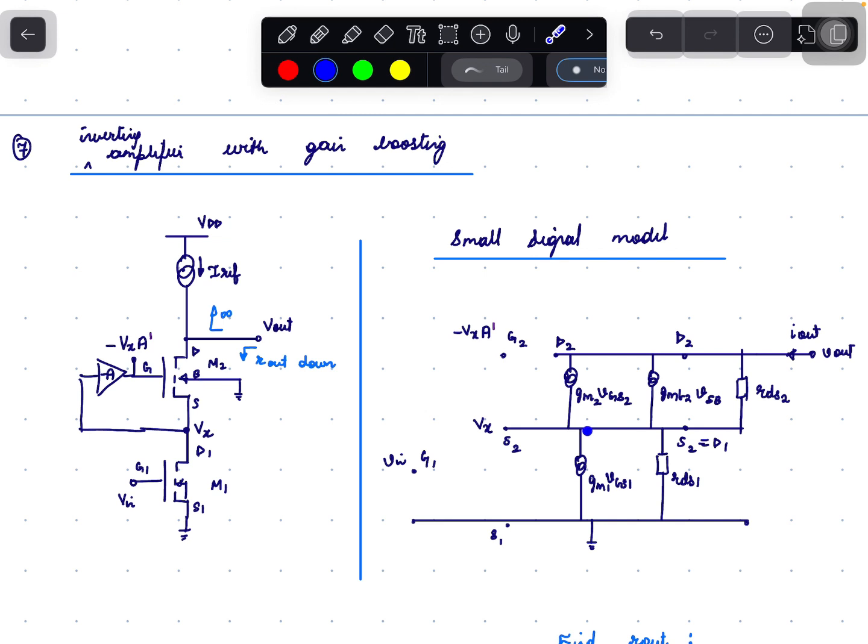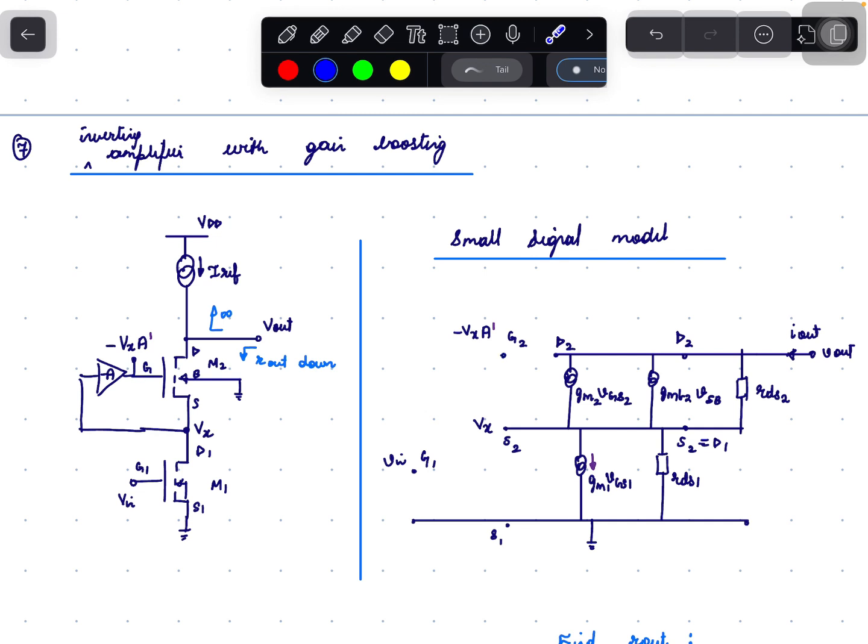So we have current flowing from drain D1 to source S1 given by Gm times VGS1. So this is the current flowing, and then we have RDS1, that is the output resistance of transistor M1. Next is gate G2.